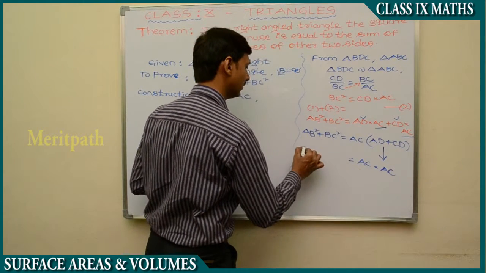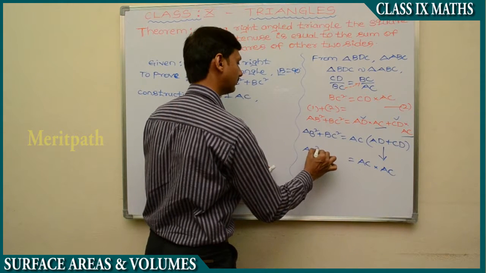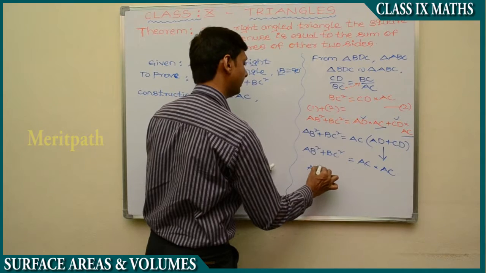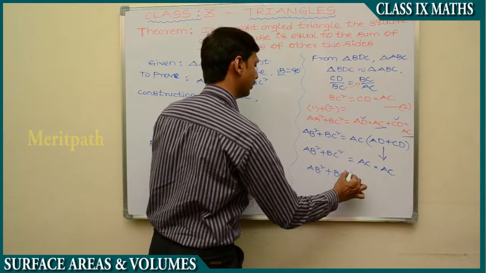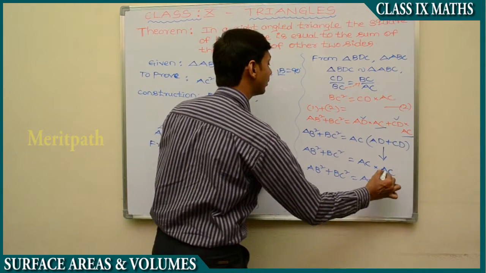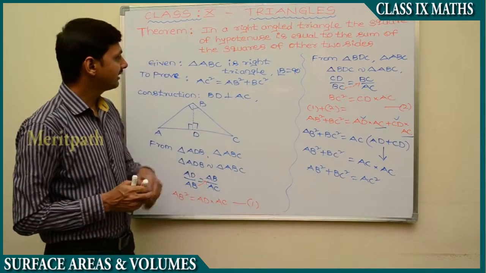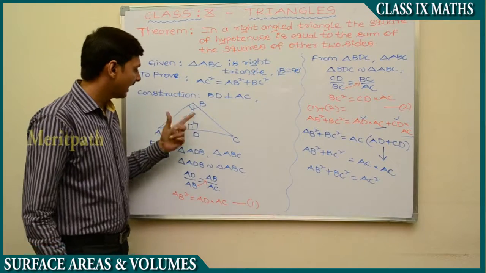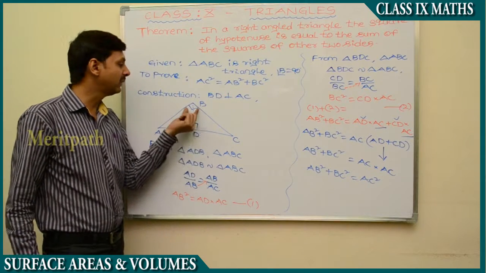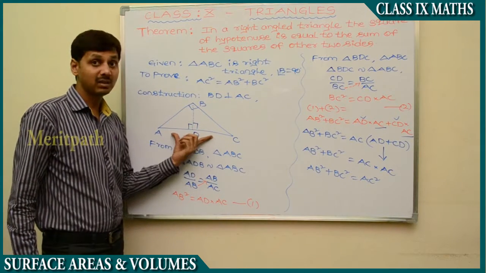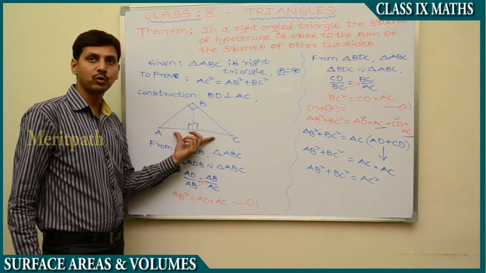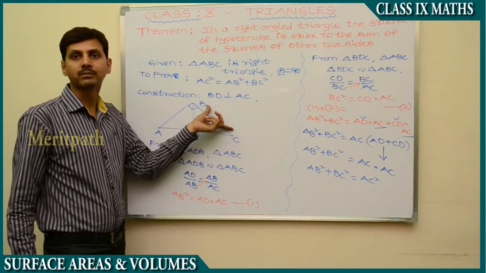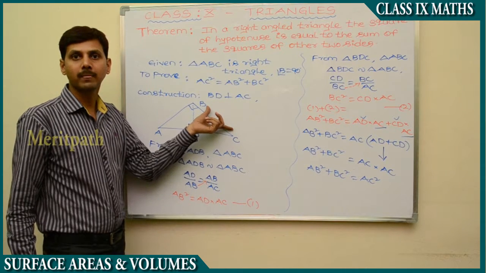So by multiplication, AB square plus BC square is equal to AC into AC, which is AC square. So AC square is equal to AB square plus BC square. AC is the hypotenuse, angle B is the right angle. The square of the hypotenuse is equal to the sum of the squares of the other two sides of a triangle. This is the Pythagoras theorem.